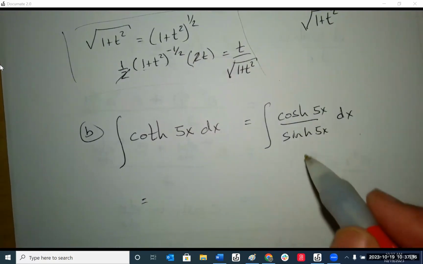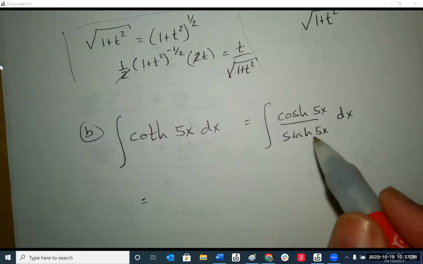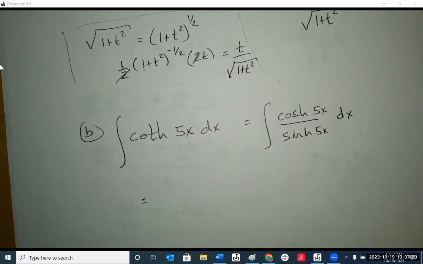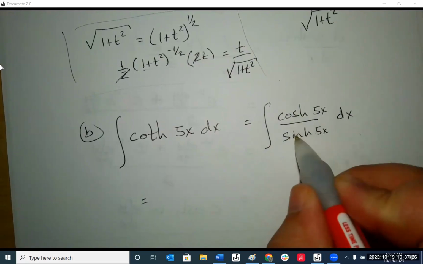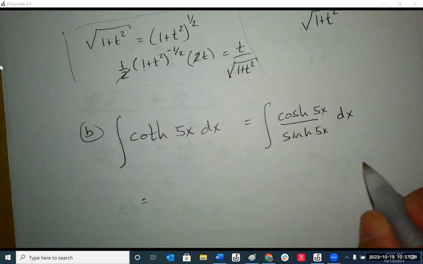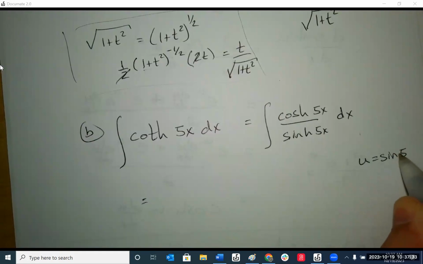We could do the long way, the quotient way, but we can look at this as seeing du over u. If u equals sine hyperbolic of 5x, the derivative of that is cosine hyperbolic of 5x.